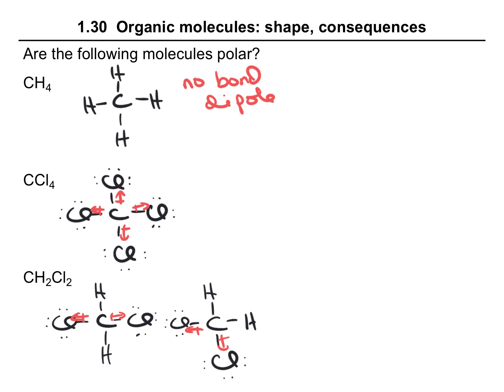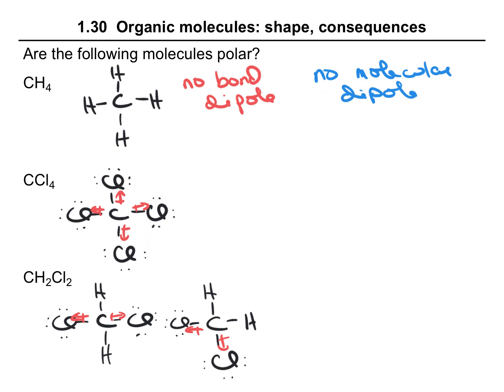So next, let's think about whether the molecules have a dipole. Well, in our first example, because there are no bond dipoles, that means there is no molecular dipole. So we say that methane is nonpolar because there is no molecular dipole.